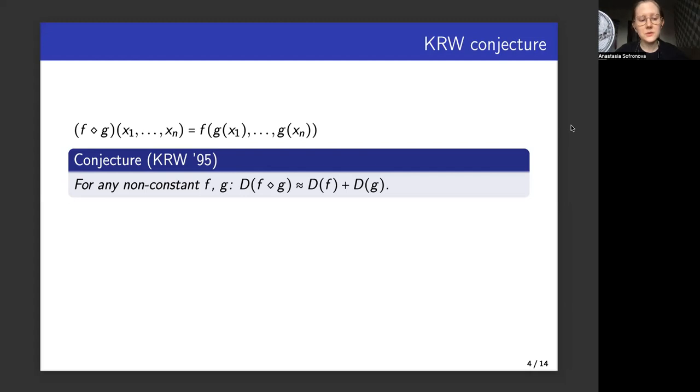We can treat it in the strongest possible sense, like just equal and maybe minus some constant on the right side. And in fact, there are no known counterexamples for the strongest version of the Karchmer-Wigderson conjecture. If this conjecture was proven, then P is not contained in NC1 would follow immediately.